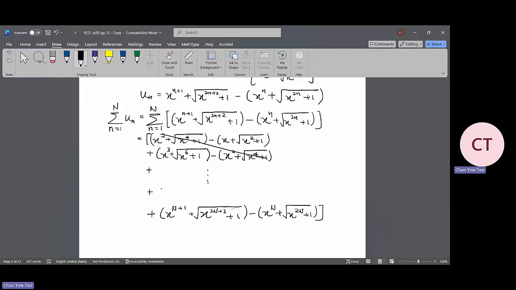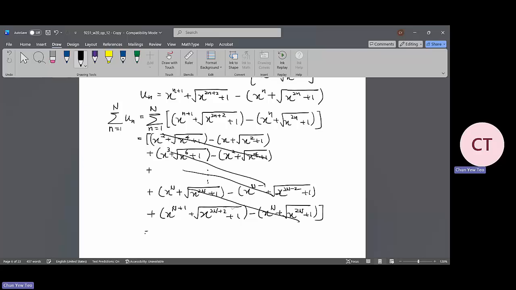Okay, then before that, it will be x^n plus square root of x^(2n) plus 1 minus this: x^(n-1) plus the square root of x^(2n-2) plus 1. Okay, so they can cancel in such a way.